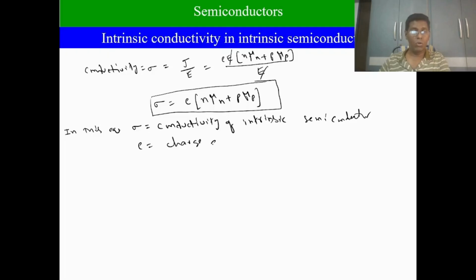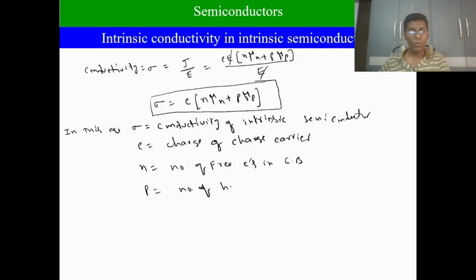of the charge carrier, and n is equal to the number of free electrons which are available in the conduction band, and p is equal to the number of holes in the valence band.